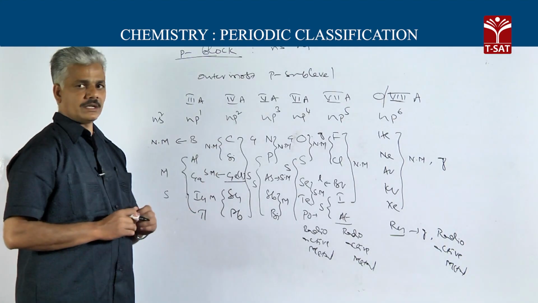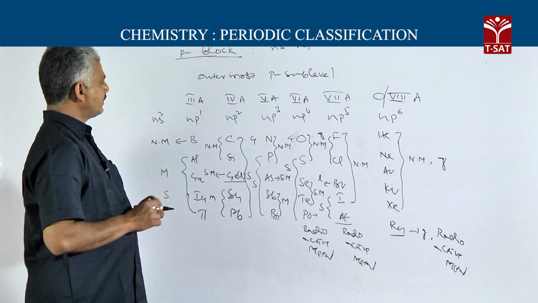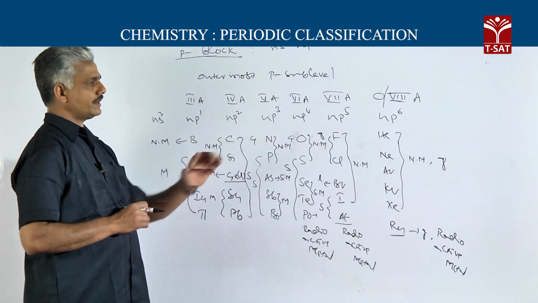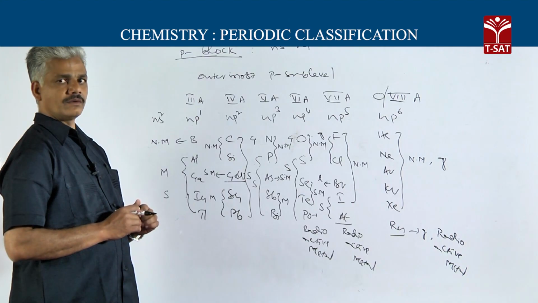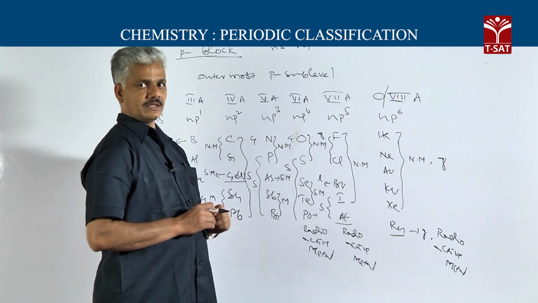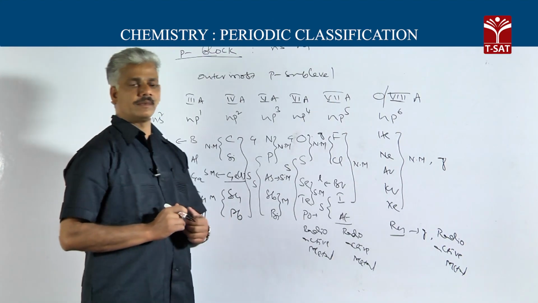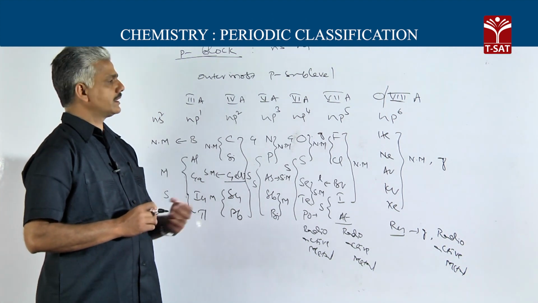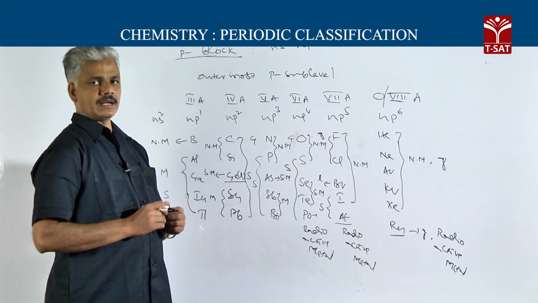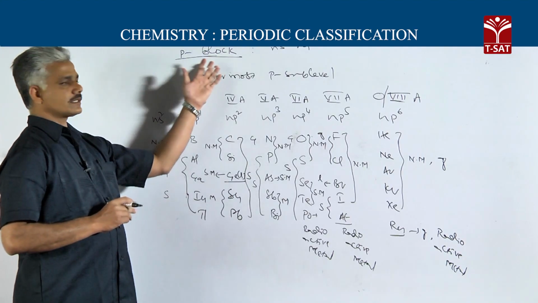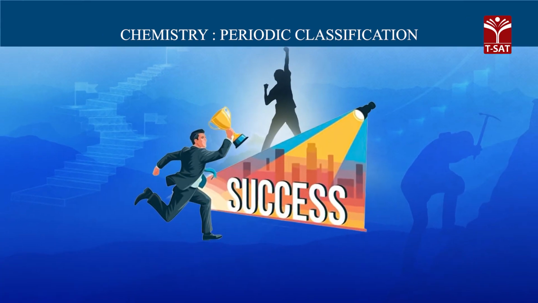Coming to their general properties, the p block elements of starting groups, that is 3A, 4A and 5A, mostly form covalent compounds, whereas elements of 6th A and 7th A form ionic compounds. 0 group elements are chemically non-reactive in nature under normal conditions because of their stable electronic configurations. So, that is the detailed study of p block elements.